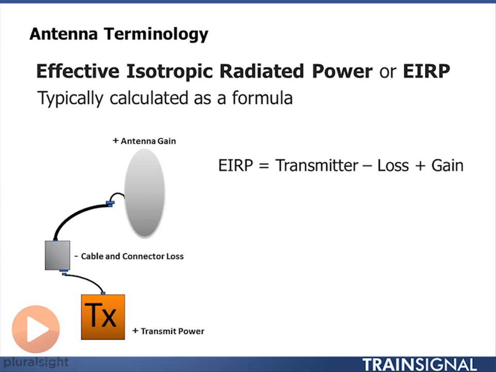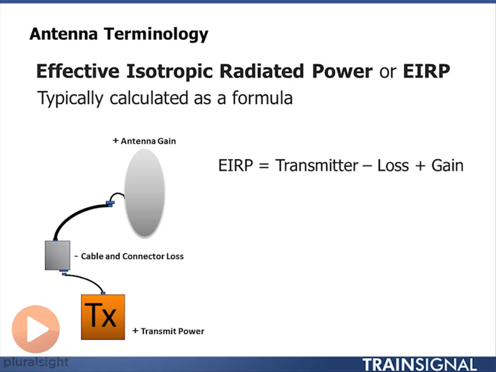So in this picture here, I've got my transmitter, and let's say my transmitter is transmitting at 20 dBm. For those of you not familiar with dBm, we will be discussing that in a little more detail later on. But 20 dBm is 100 milliwatts.